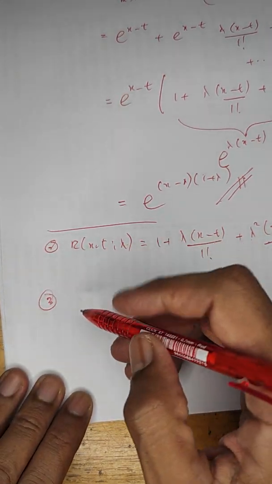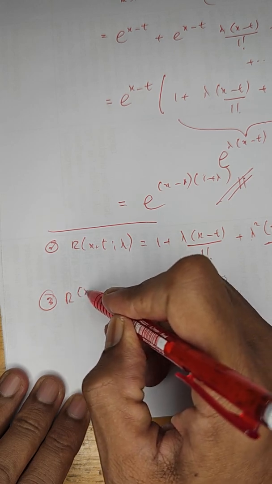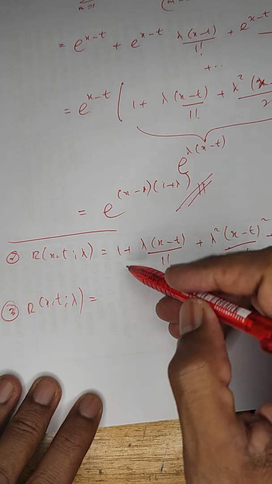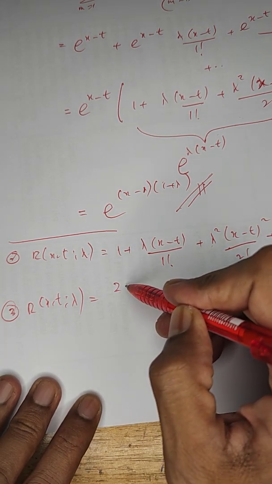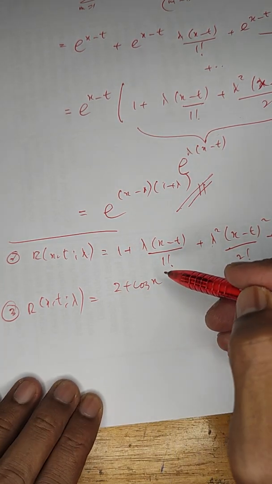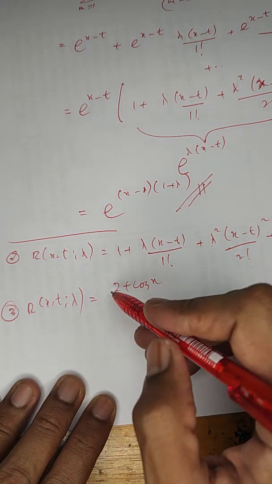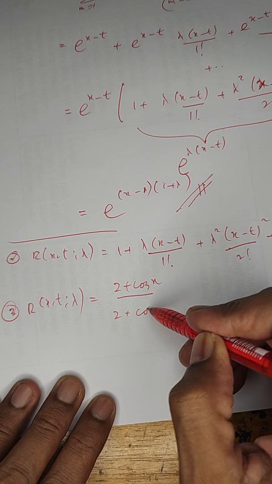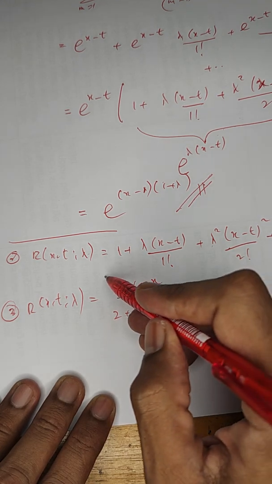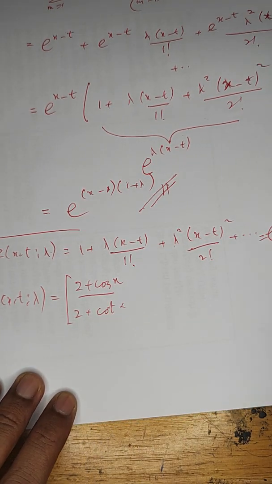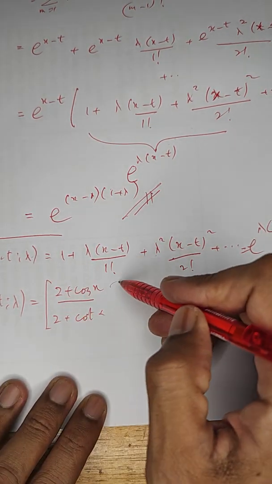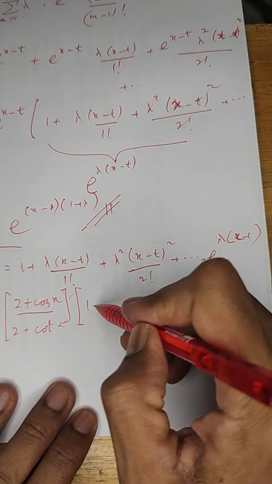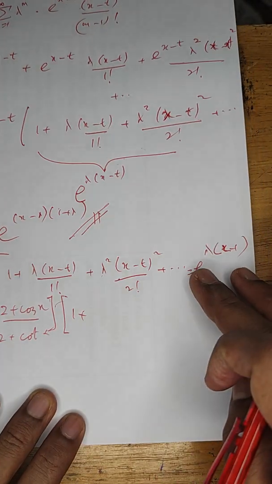Solution number 3, R(x, t, lambda), this is 2 plus cos alpha over 2 plus cos alpha. Put it aside. Okay, this thing, and then inside there we have 1 plus, just factor out everything there.